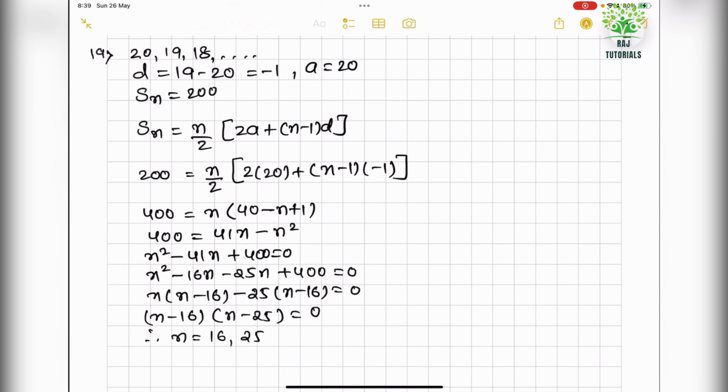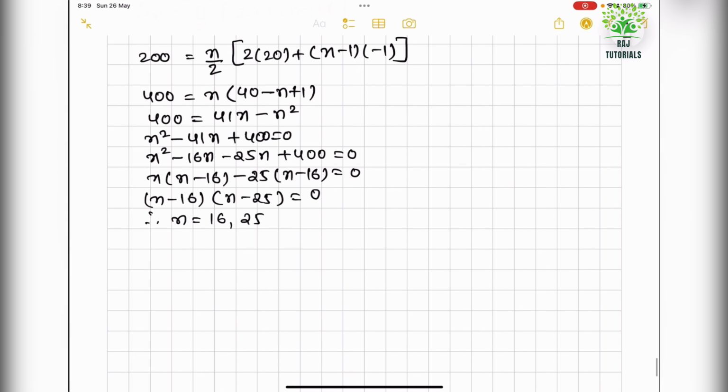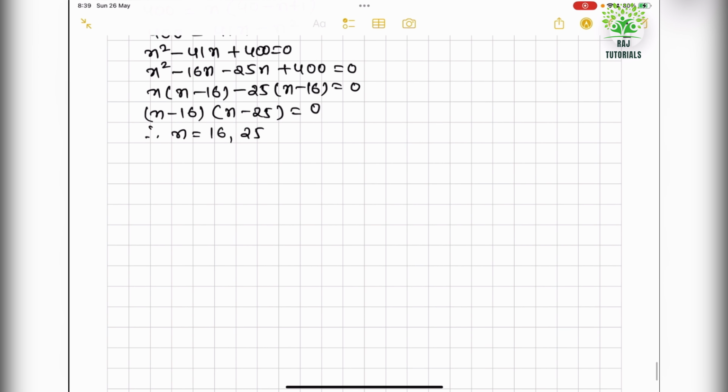Now I have to check the answer. So nth term formula, that is an equal to a plus n minus 1 d. a16 equal to 20 plus 16 minus 1 into d.